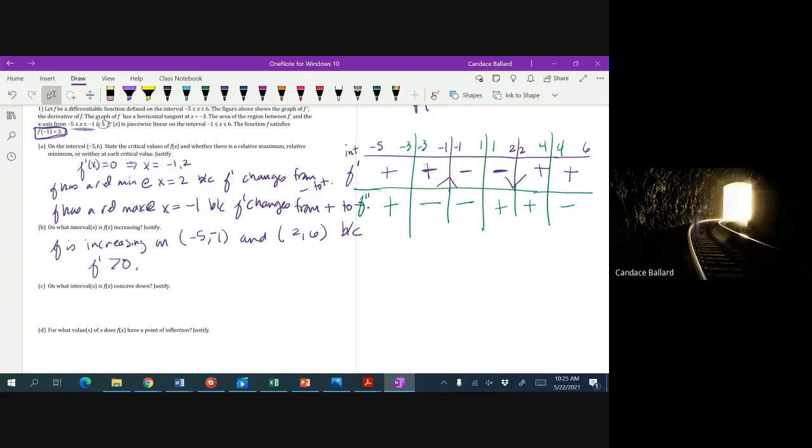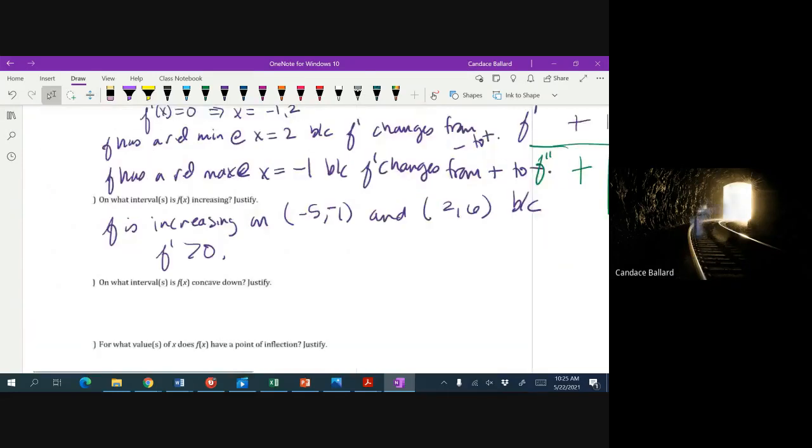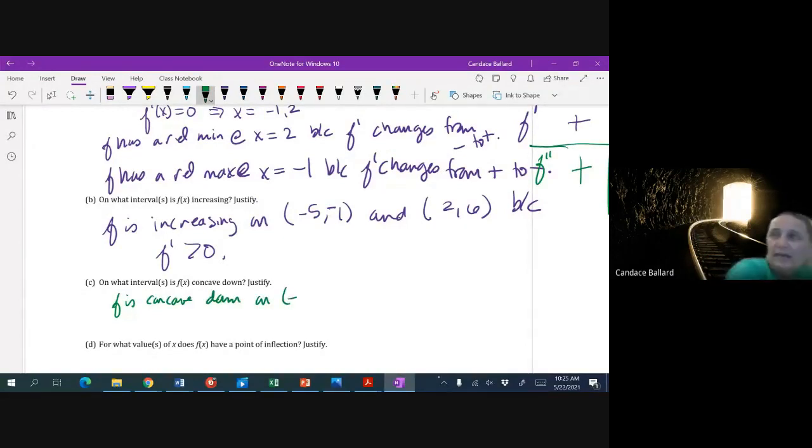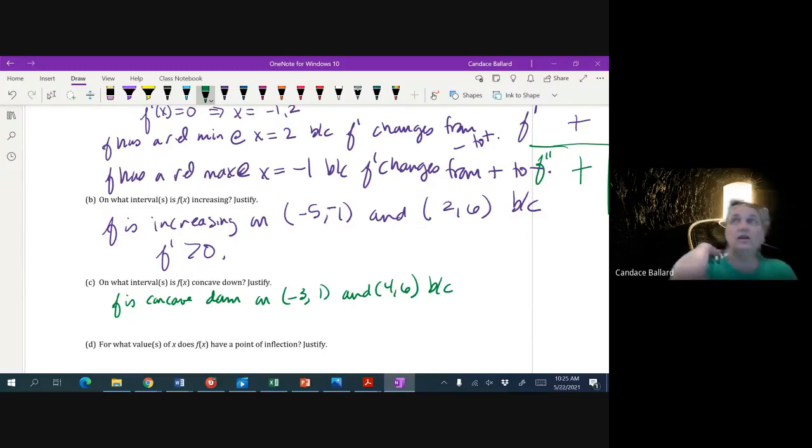So F is concave down on -3 to 1 and 4 to 6 because, and again, because they started us with F prime, we want to make our explanation the F prime explanation.